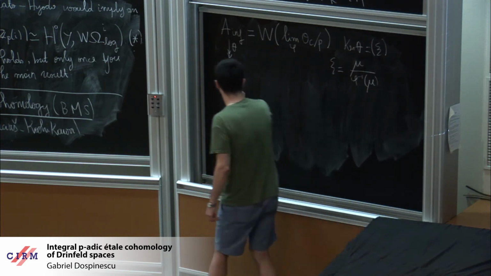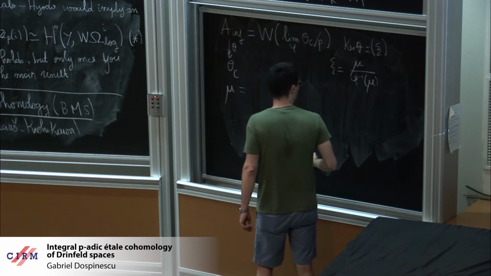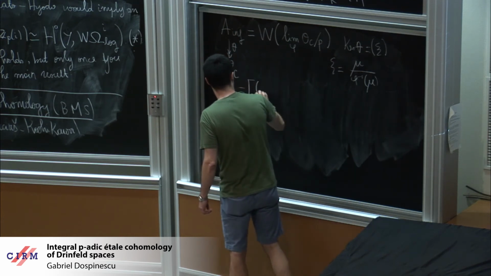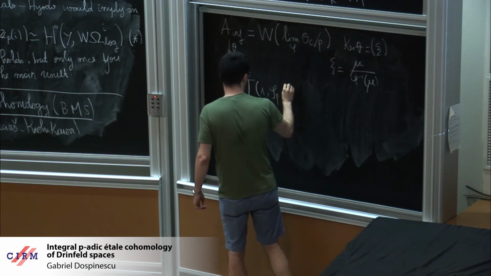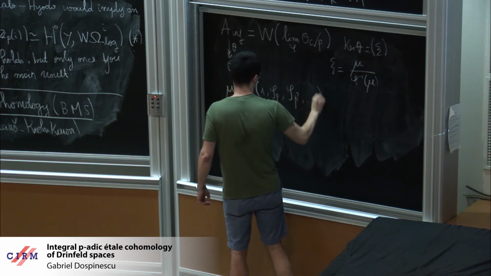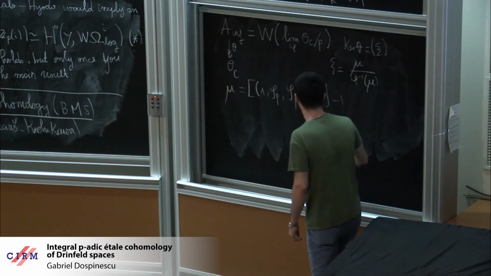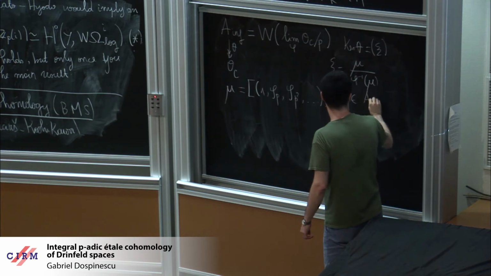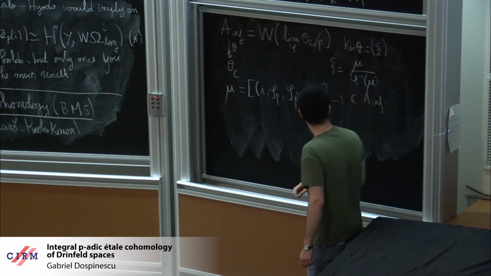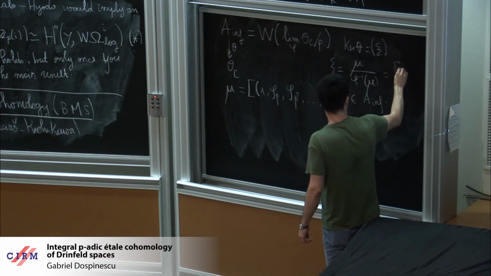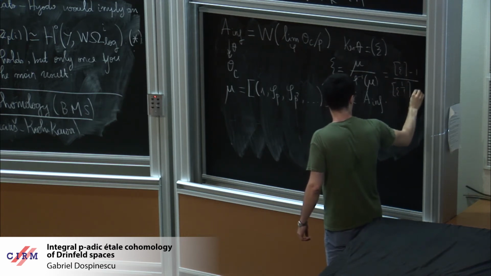And this mu will play a rather important role in the sequel. So this is the Teichmüller of a compatible sequence of p-power roots of unity, minus 1. So this sits in A-inf. I guess this is what is usually called Teichmüller epsilon minus 1 over this one.